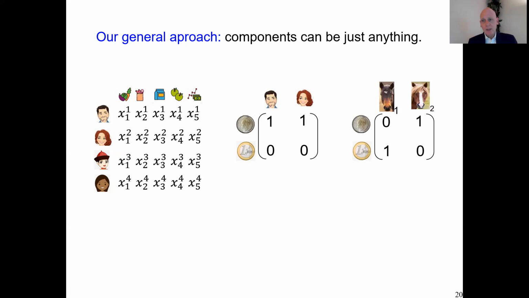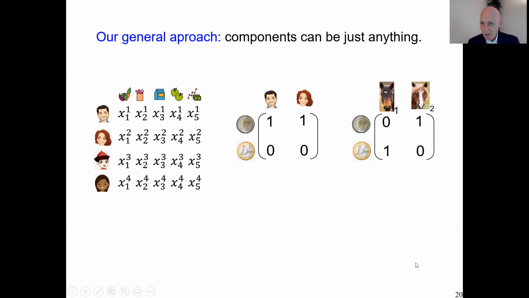It can also be that both attributes concern uncertainty. Imagine that a horse race is taking place, only two horses participating, one of the two will win. It can be ambiguous, no known probability which horse will win. But also a coin will be tossed, heads or tails, and that can have known probability, for instance. So in this situation, if tails comes up and horse one wins, you get €1, and so on.